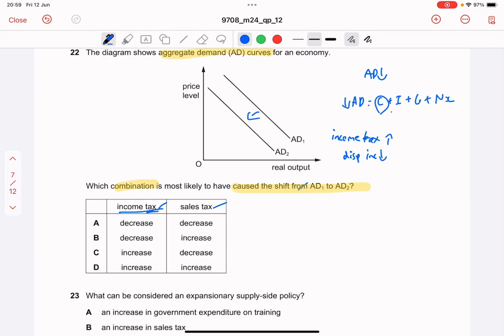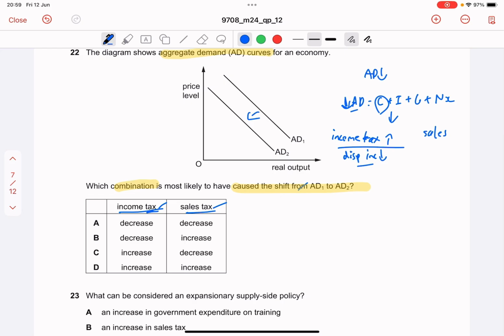So consumption is likely to decrease, so that will lead to a fall of AD. So yeah, that's true. But if income tax decreases, that'll be the opposite, right? Because less proportion of income is taken as tax, so more disposable income, so consumption will increase. But in this case, we're going to look at the perspective of income tax increasing because that does lead to a decrease in AD.